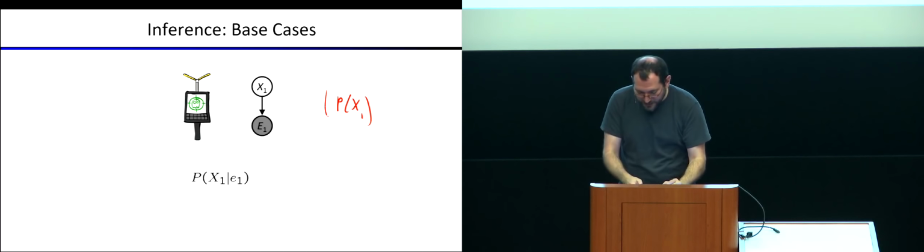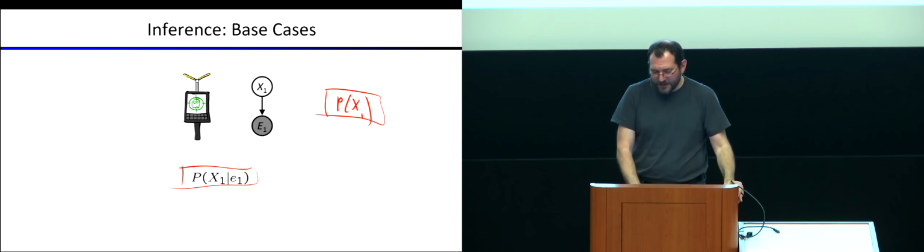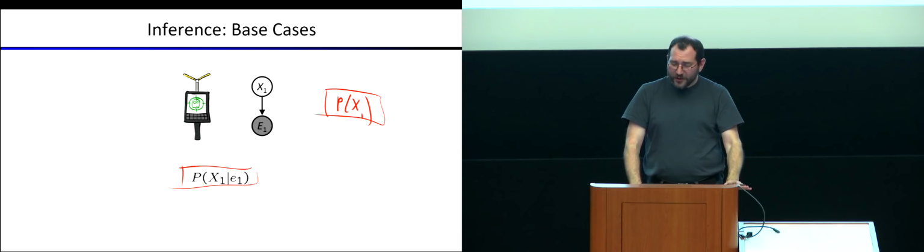Here, time isn't passing, but I'm going to get some evidence. So I'm going to go from p of x1, which is a known quantity, and try to compute P of x1 given some evidence. Well, in a way this is easier, and in a way it's more complicated. It's easier in that we're still going to work with x1. All we have to do is figure out how the evidence reshapes our beliefs.